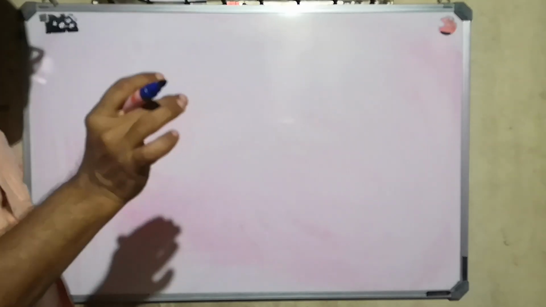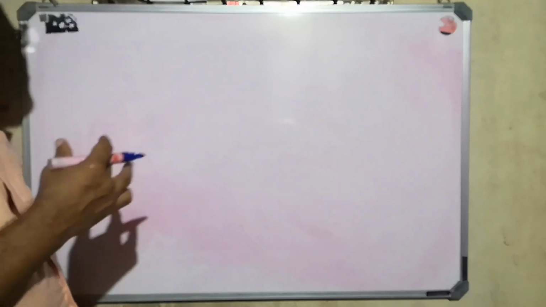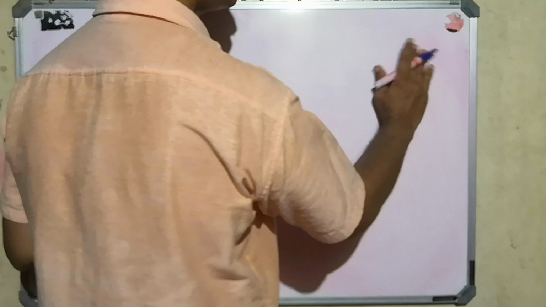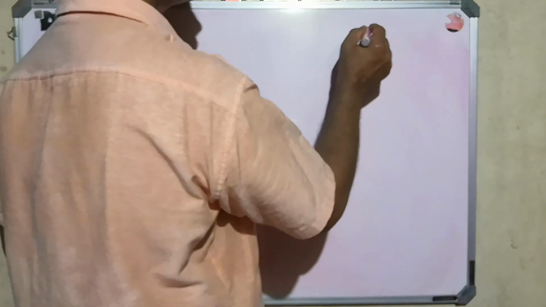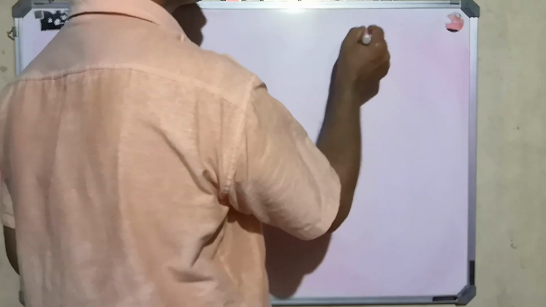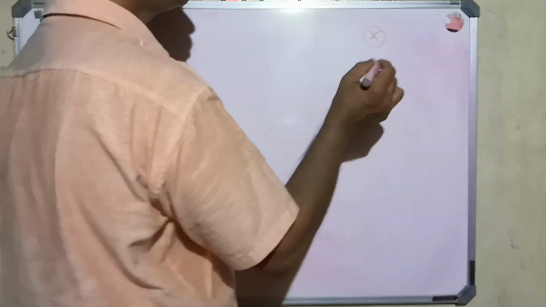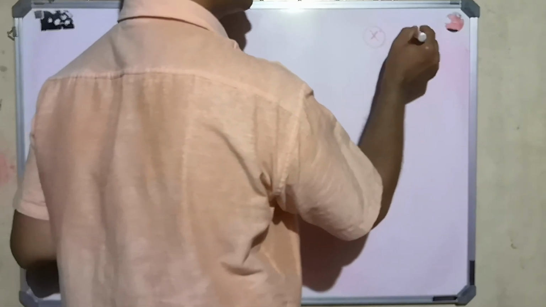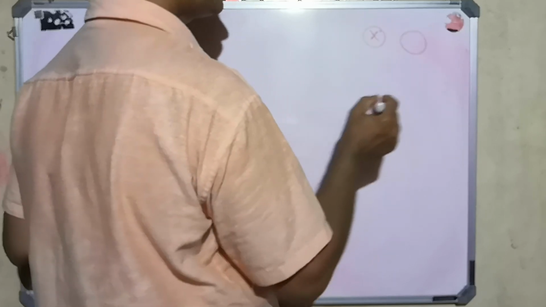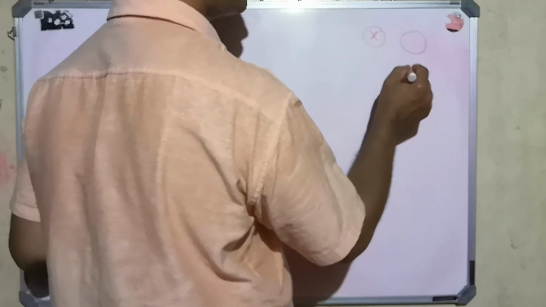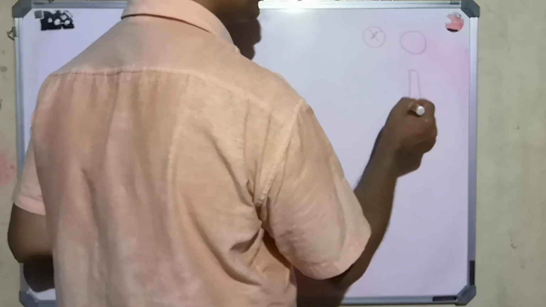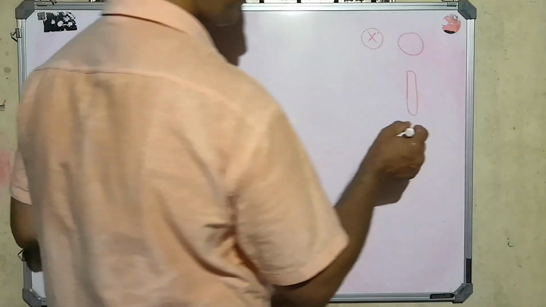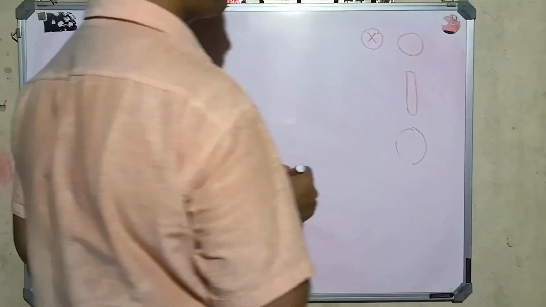If it is in a cylindrical form, it has another resonant frequency. That means even though the material is the same, say X is the ferromagnetic material, and its shape is a disc. Another one, for the same material, you prepare the sample in cylindrical form, or you prepare a spherical shape.